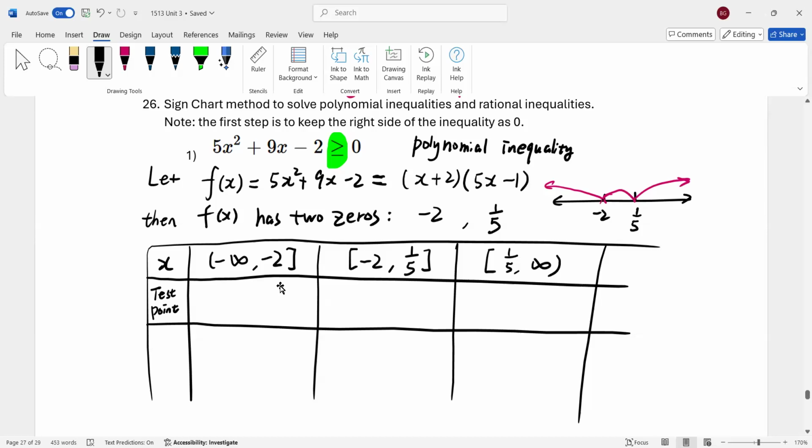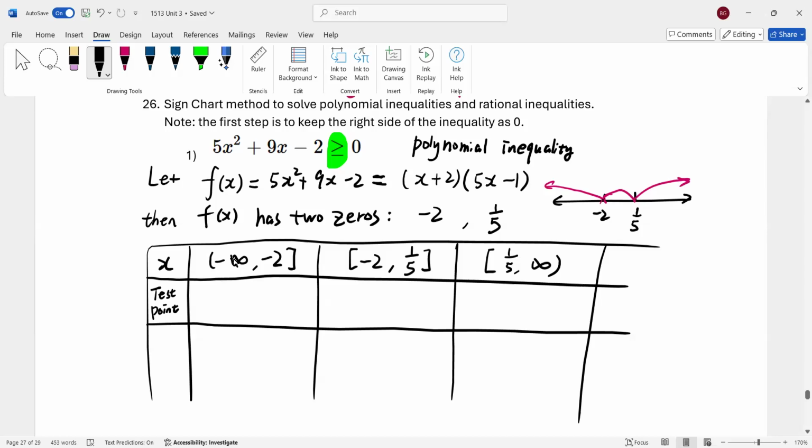Any point inside the interval is eligible to be the testing point, except the endpoint. You cannot choose the endpoint as the testing point, all right? Any other point is fine.